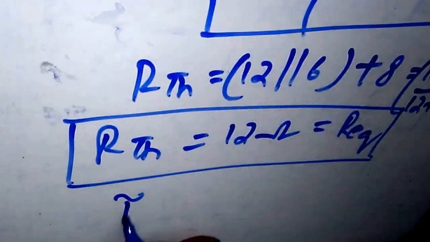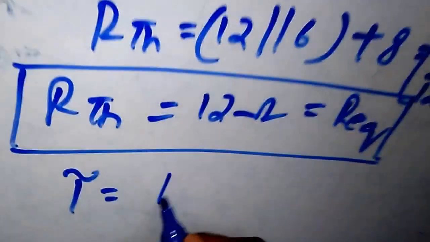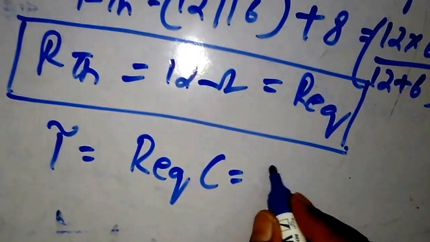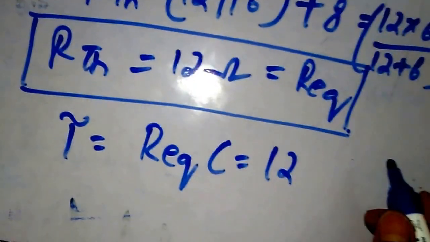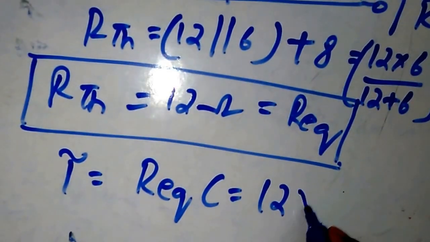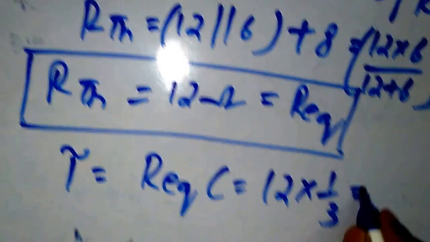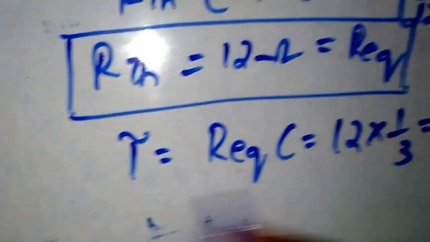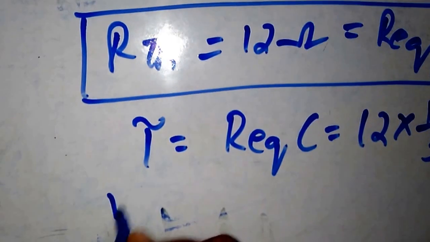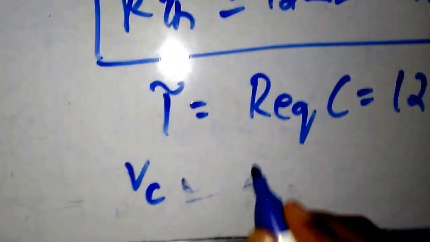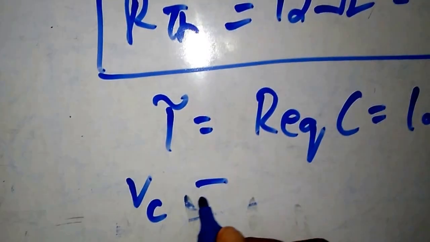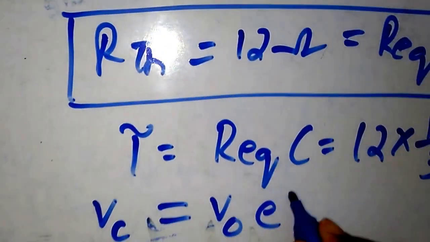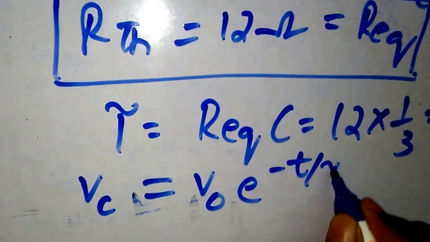Now the time constant you can find as R equivalent into C. R equivalent is 12 ohms and C is 1 by 3 farads. So tau is 4 seconds. Now the expression for Vc of t, we have written as V naught e power minus t by tau.